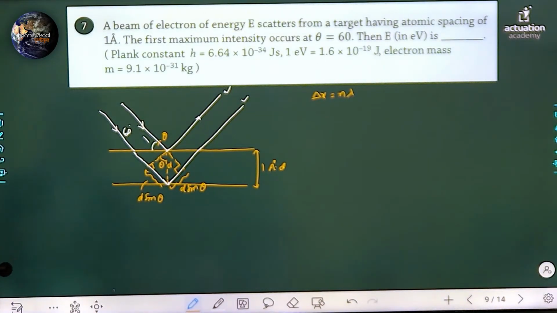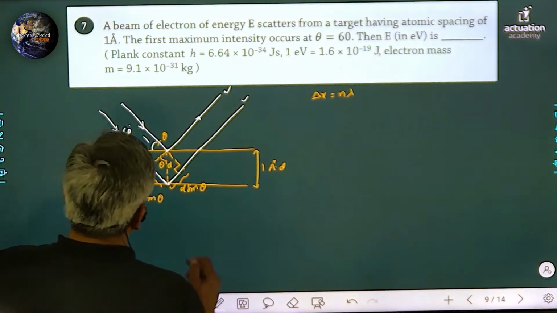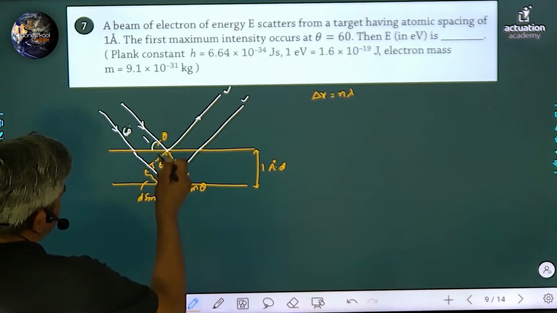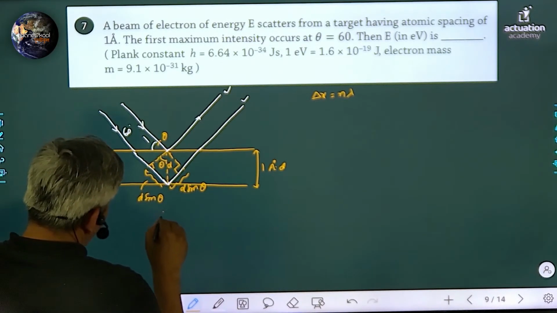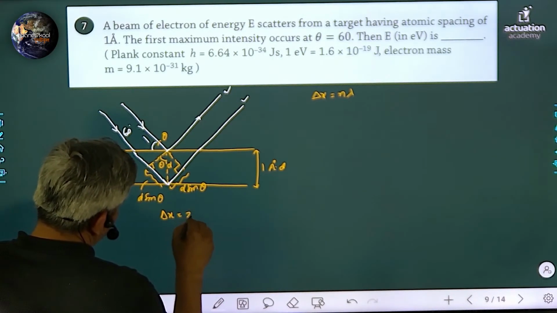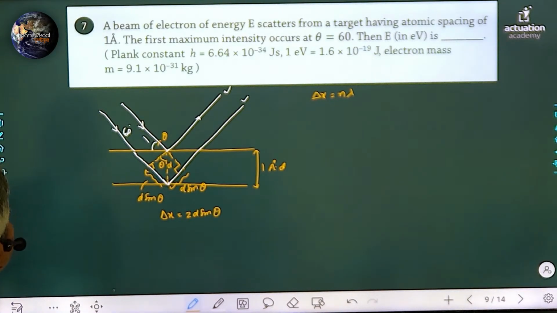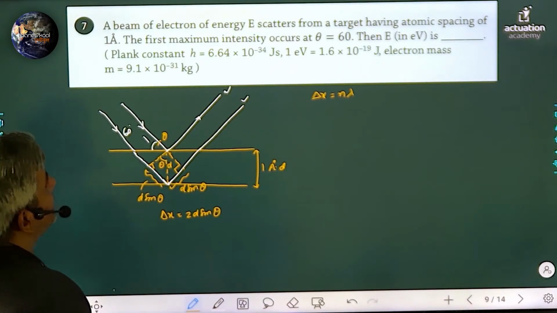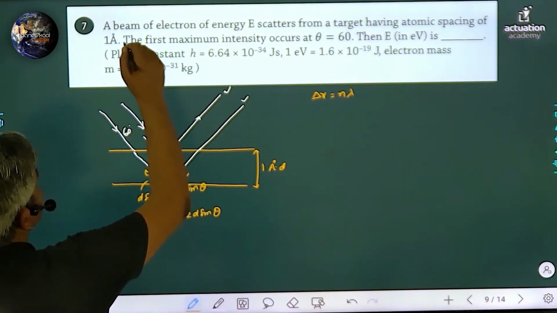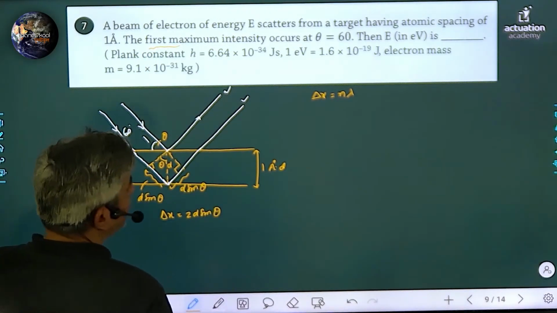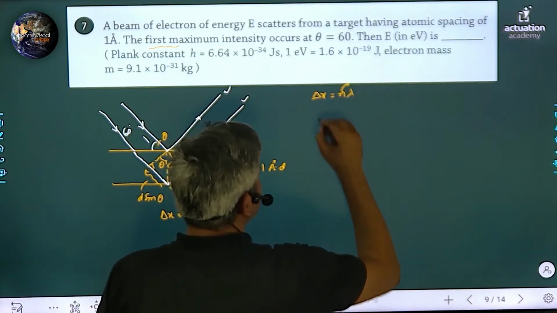Theta and theta. Now delta x is equal to 2d sine theta, and this is creating the first maxima. The condition of first maxima is n equal to 1.